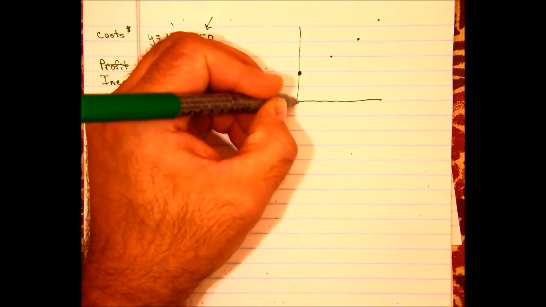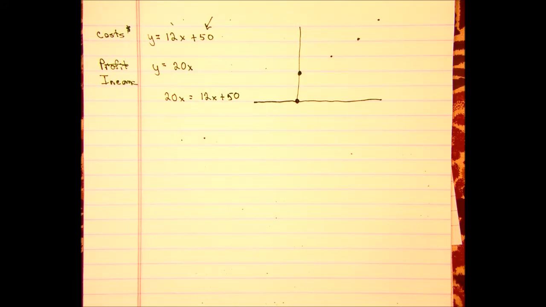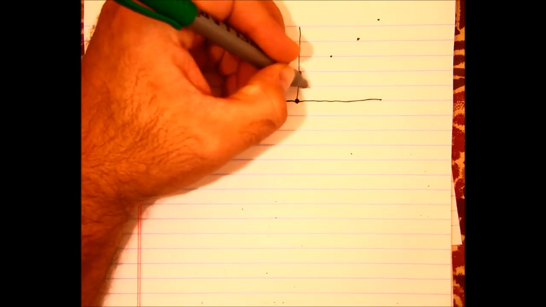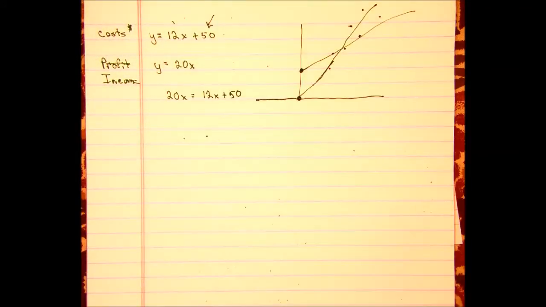It's 0 because when we don't sell anything, we don't make any money. So there is a 0 from income. And then as we sell them, the slope of that is 20. So that'd be up 20 over 1, up 20 over 1, up 20 over 1. And obviously that's going to increase faster than our expenses. And you can see that in the graph that they have.